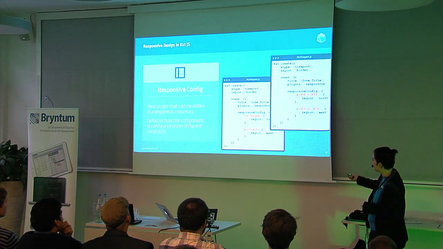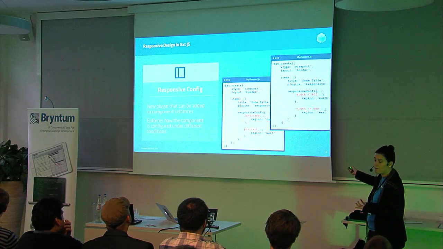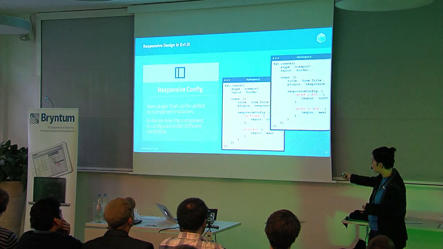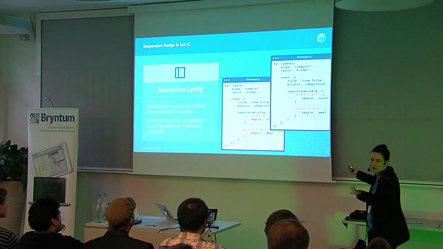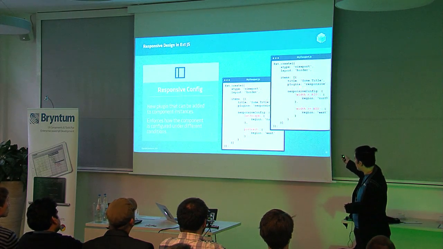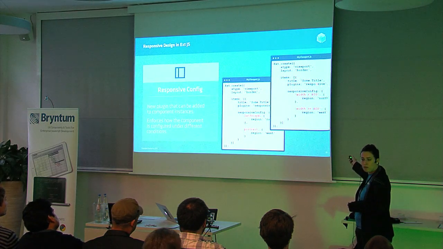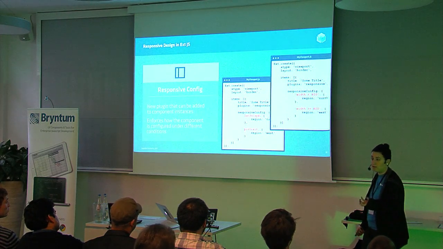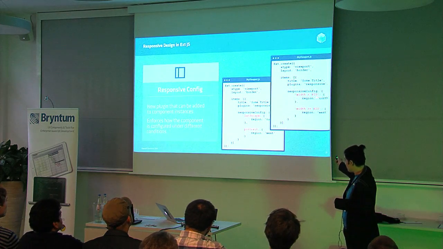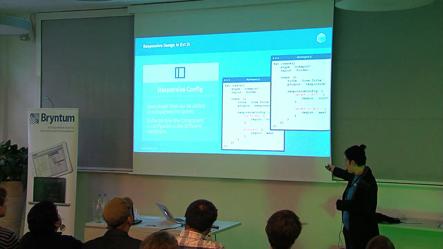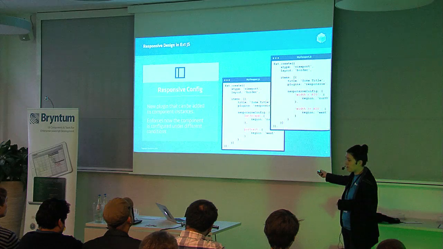It looks like this. You create a responsive config in your app, in your view. That can be on the viewport, or on any child view if you want. You need to set the plugin to responsive because it comes from a plugin. And then you can pass in some criteria. That can be a criteria like landscape or portrait.